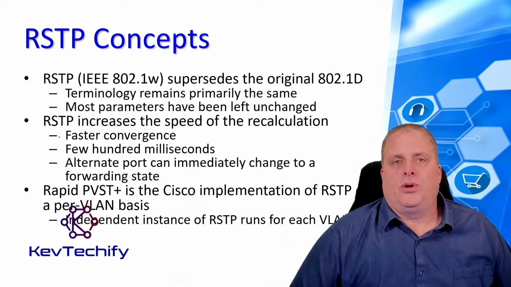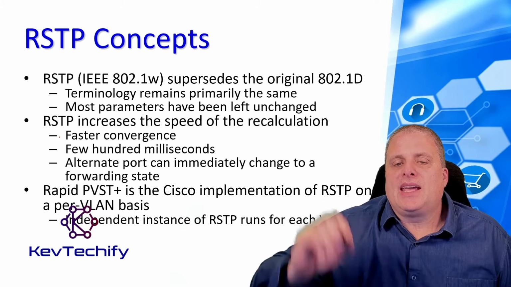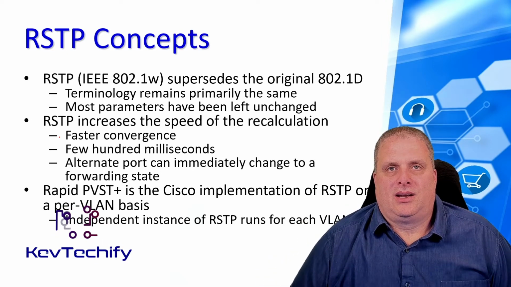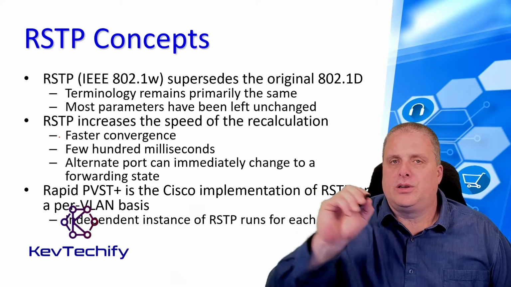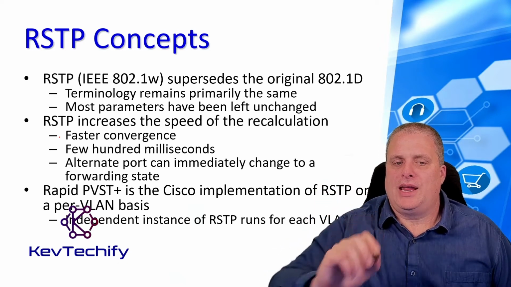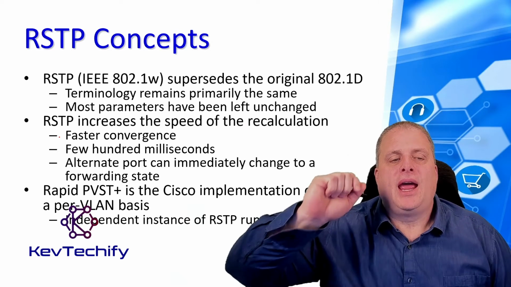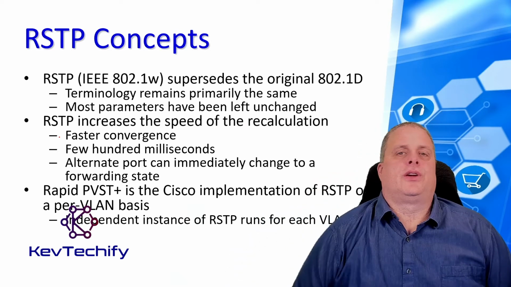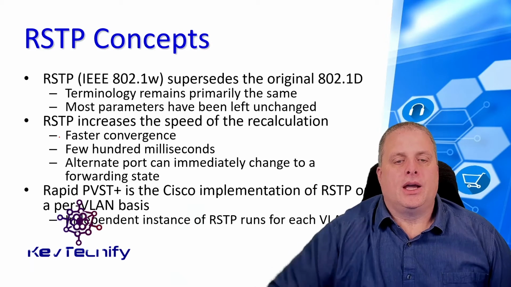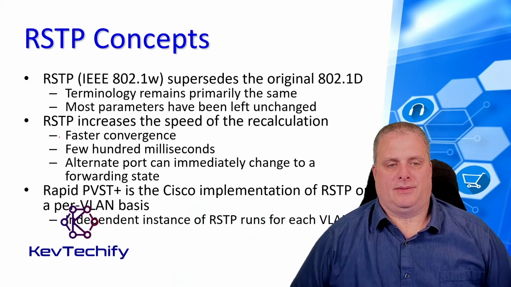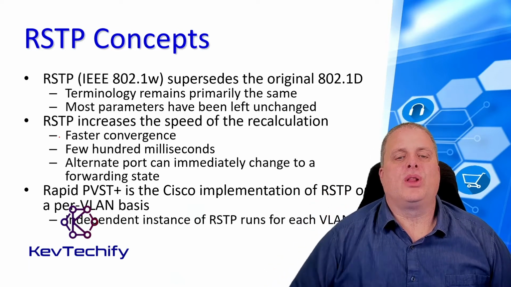The alternate port in RSTP can immediately change to a forwarding state. The alternate port is a blocking port. It can change to a forwarding state as long as certain criteria have been met. And of course, Cisco took this and put its own twist on it. That's PVST+.